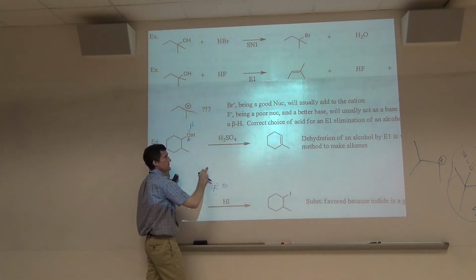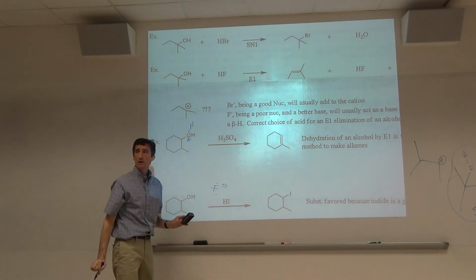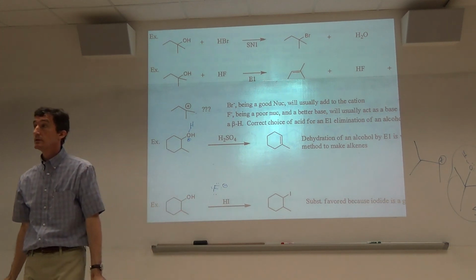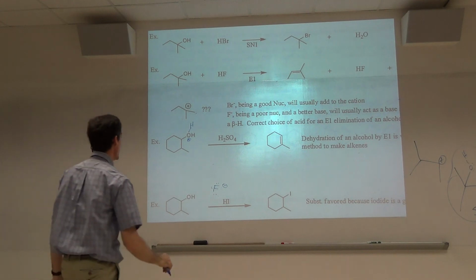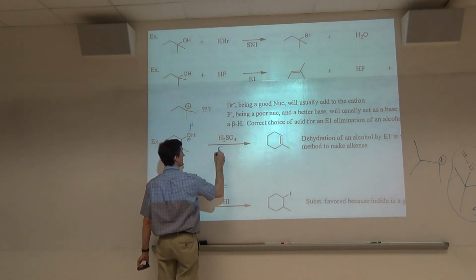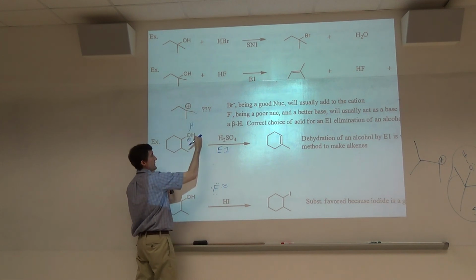Is this E1 or E2? What does E2 require? Strong base, right? Can you have a strong base in sulfuric acid? No, you're in a strong acidic condition. There's no strong base here. This is E1. What is the conjugate base here?